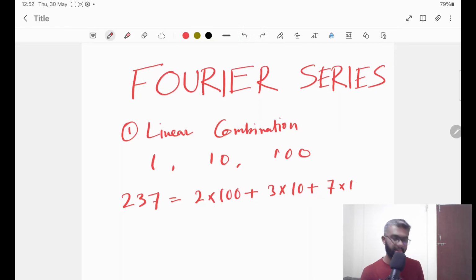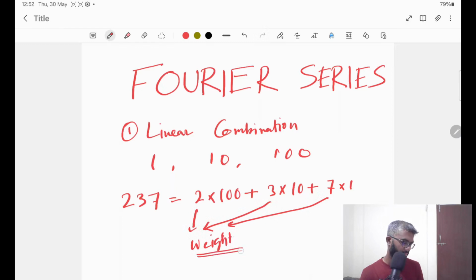Now this expression is a linear combination, and in a linear combination you have to understand there are two types of things. These numbers 2, 3, and 7 are the weights. They represent the amount of coins you will have at your hand. And this 100, 10, and 1 are the units.